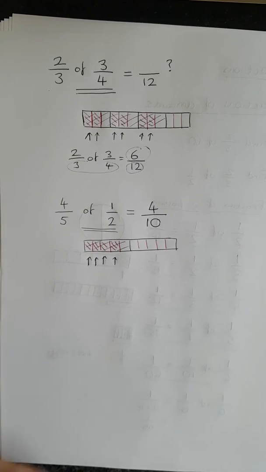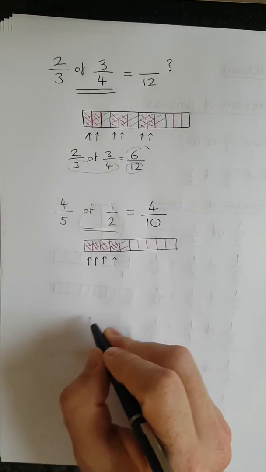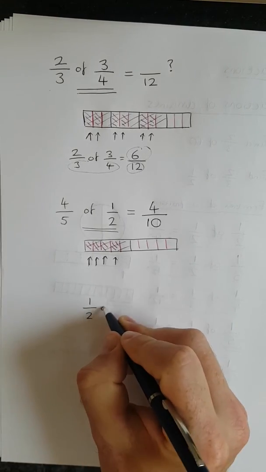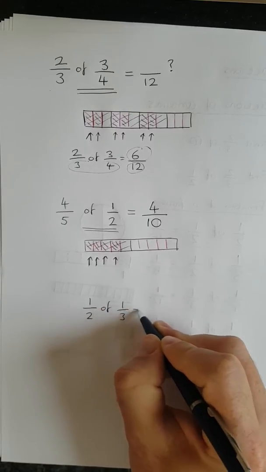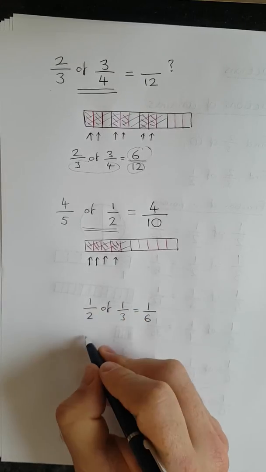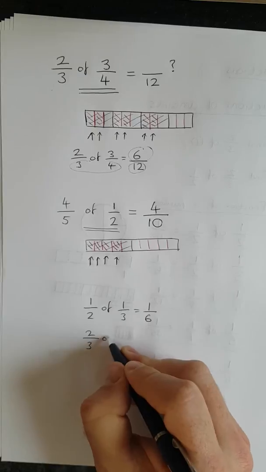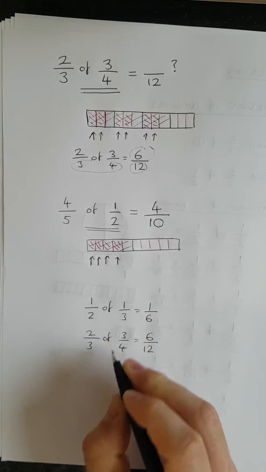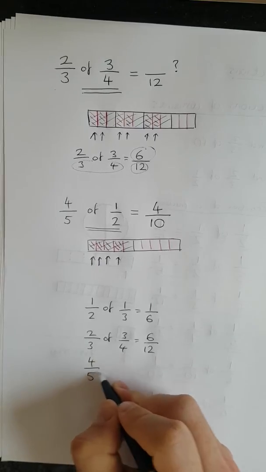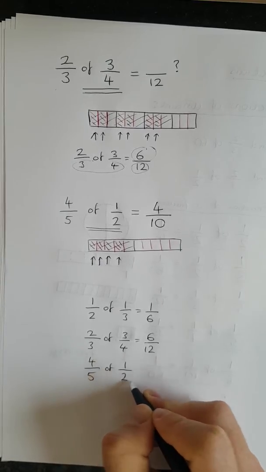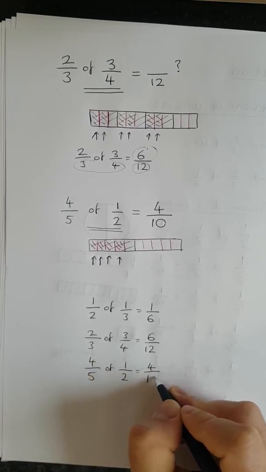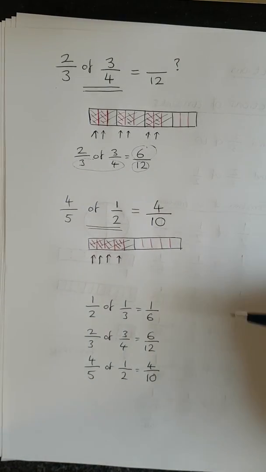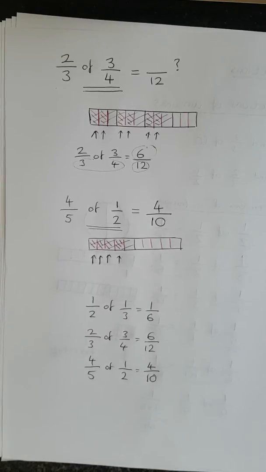Interesting. If we look now at some of our examples, this is what we've got. Can you see a pattern in the numbers that allows us to find a fraction of a fraction?